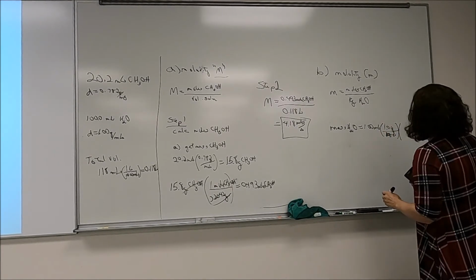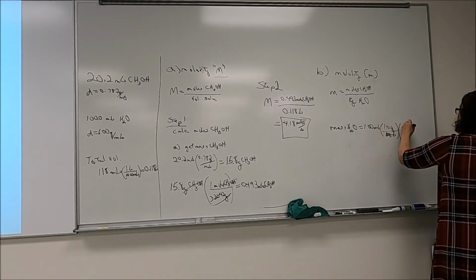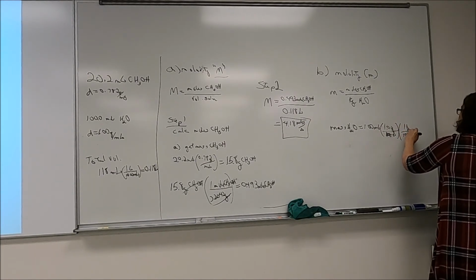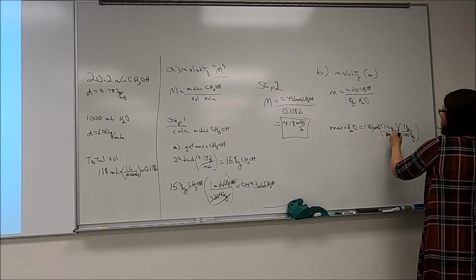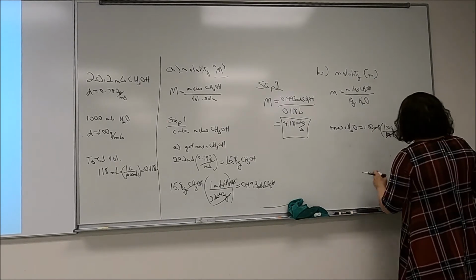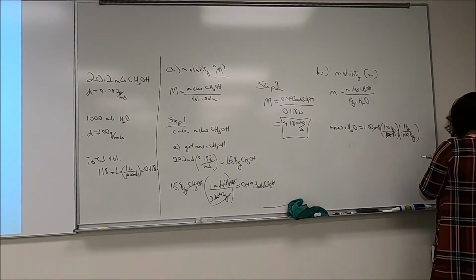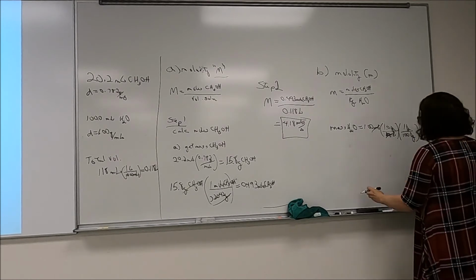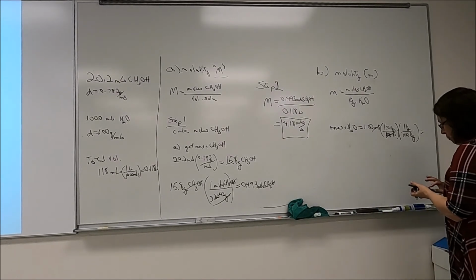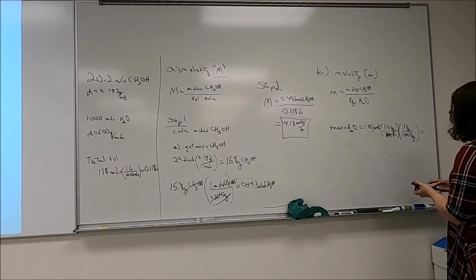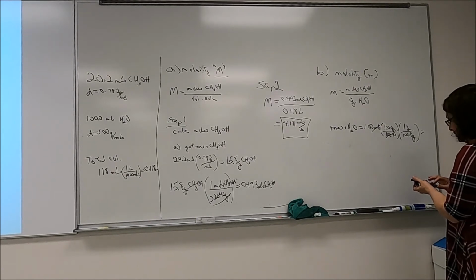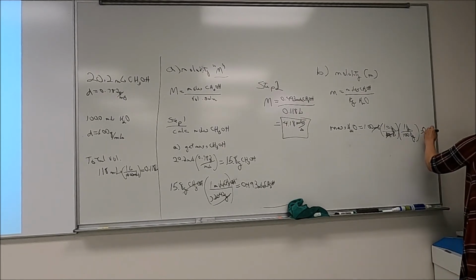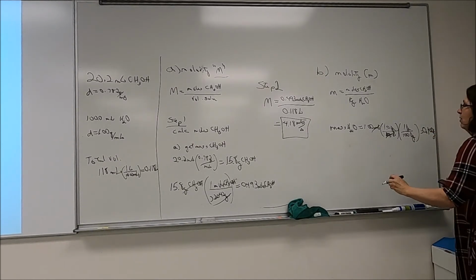And then I know that there's 1 kilogram for every 1,000 grams. So notice milliliters and milliliters divide out. Grams and grams divide out. I'm going to be in kilograms. So 100 times 1 divided by 1,000 gives me 0.100 kilograms.